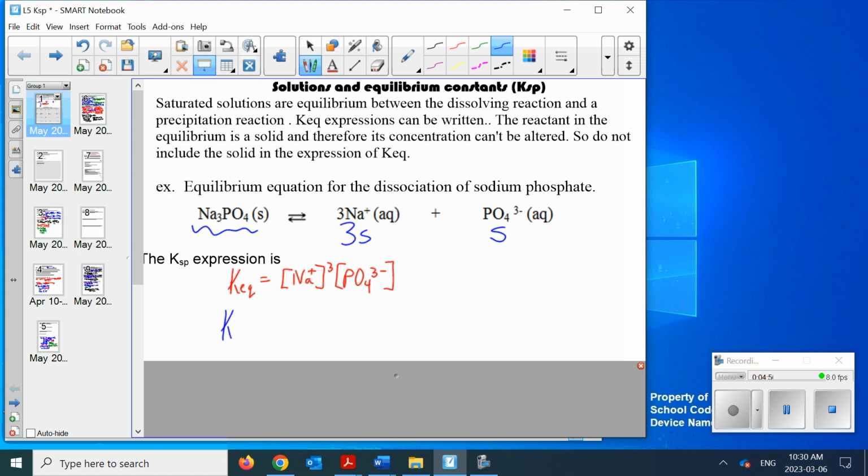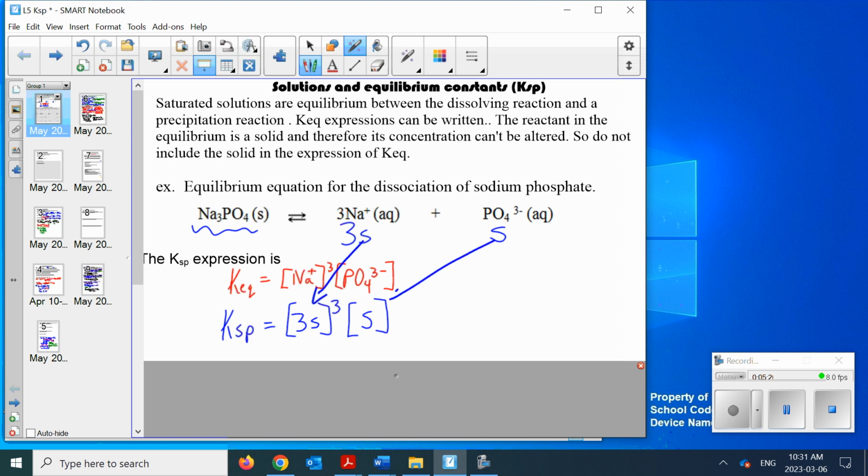And then the Ksp, the solubility product, is: we'll plug in the variable expression for the sodium, 3s, in brackets, cubed, times s, the phosphate. I'm getting those from this reason.